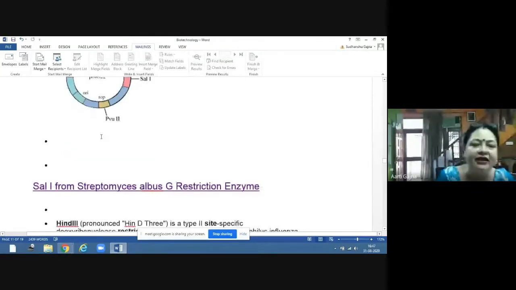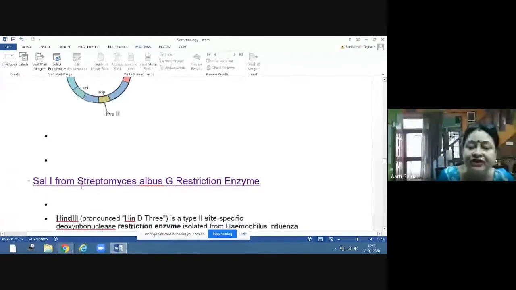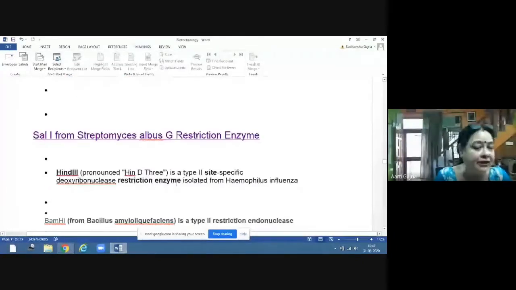Now SalI is taken from which bacteria? Streptomyces albus. So Streptomyces albus is the source, and it is SalI. There is no strain, it has simply been taken from the bacteria. Then HindIII. Now HindIII, the restriction enzyme, is isolated from which bacteria?